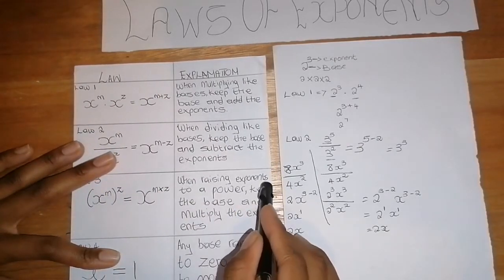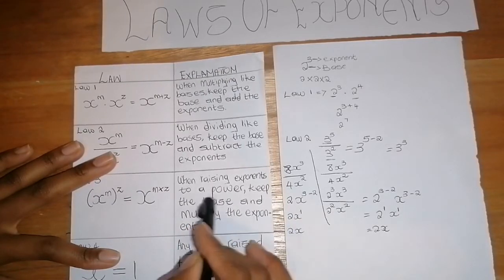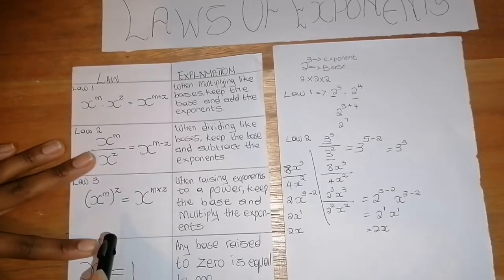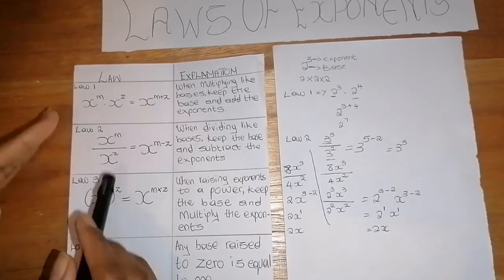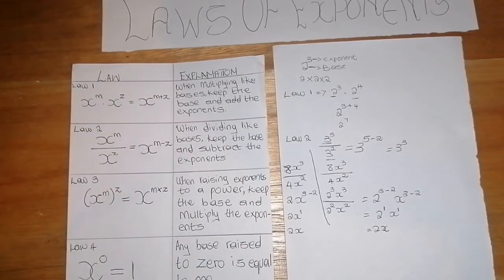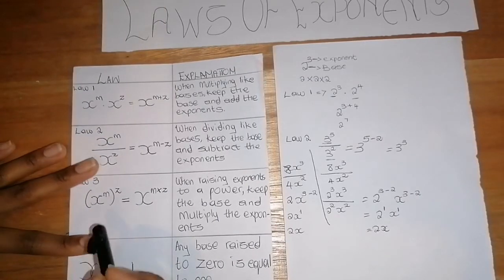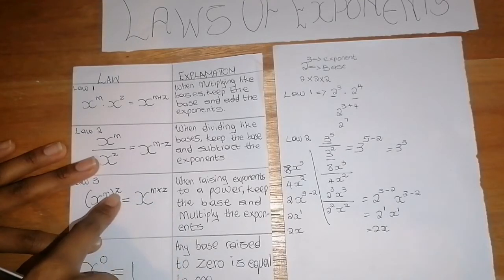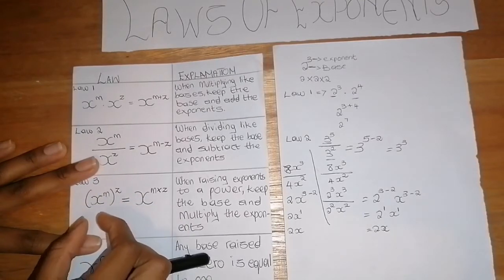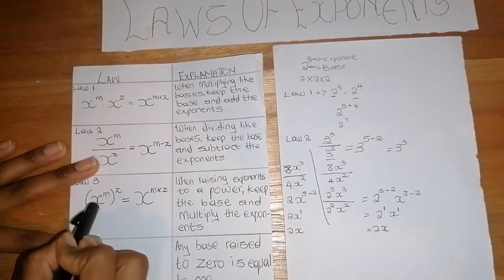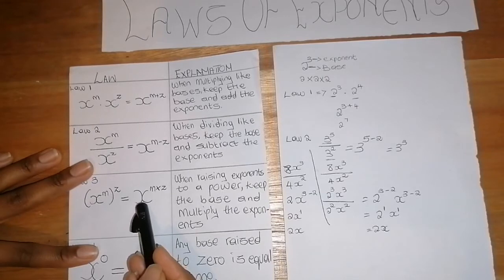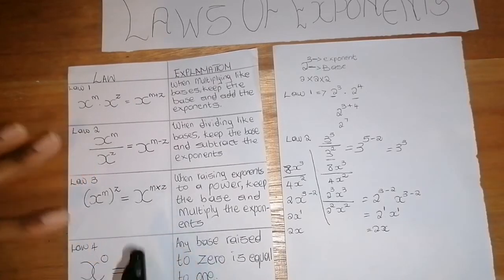When raising exponents to a power, keep the base and multiply the exponents. So as you can see, this term inside the bracket already has an exponent. So what the law is saying is that when you raise another exponent on this term, you keep the base and then you multiply the exponents.